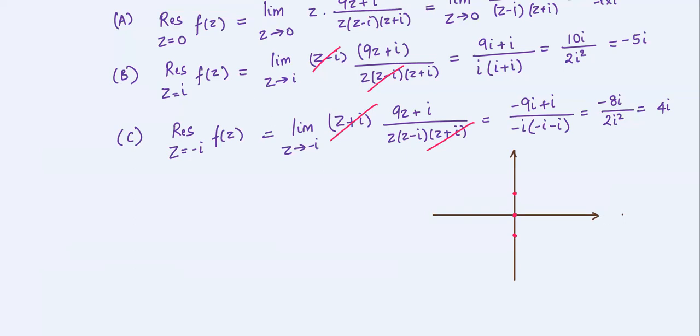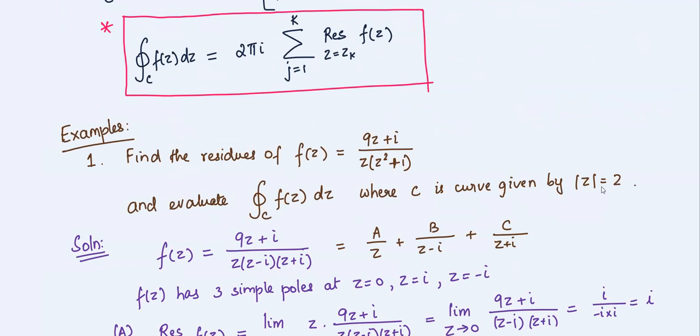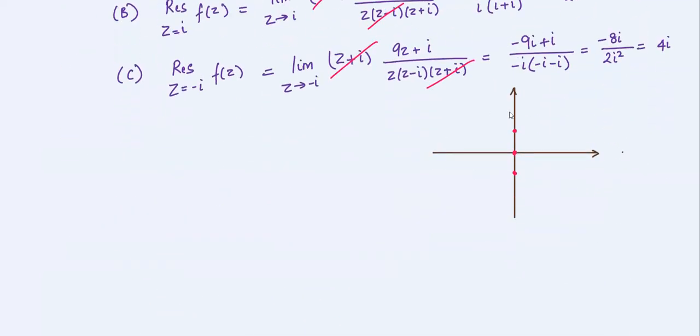Now, where is the circle C? C is given by mod z equal to 2. It will be a circle like this.